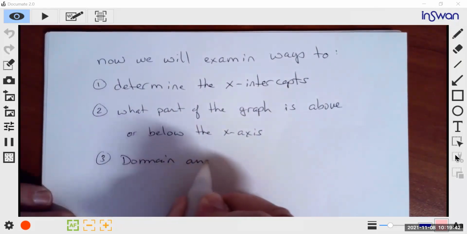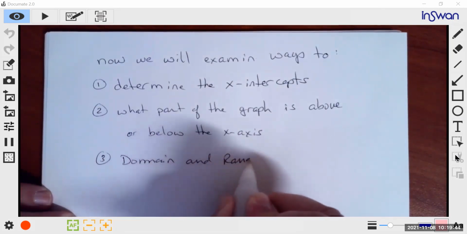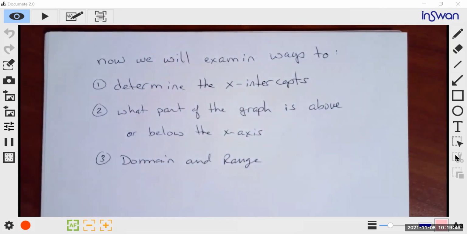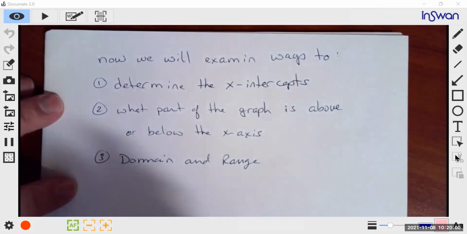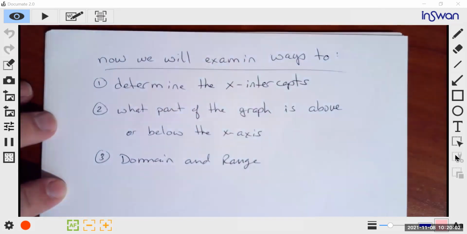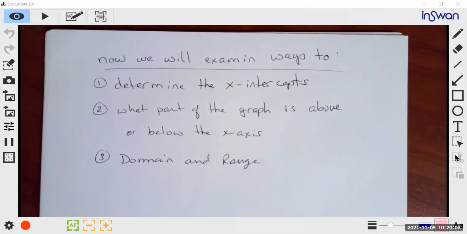The domain and range of the equation. That's it for now. So that's what this chapter is all about.